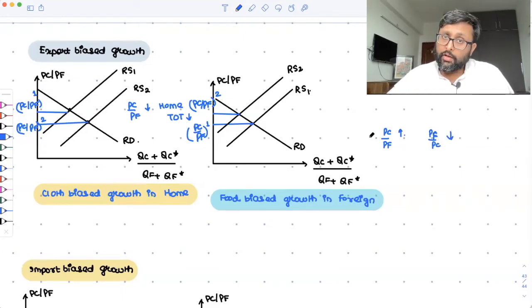For foreign, food is the exported commodity. So price of export upon price of import is falling. So the foreign terms of trade is going to fall.